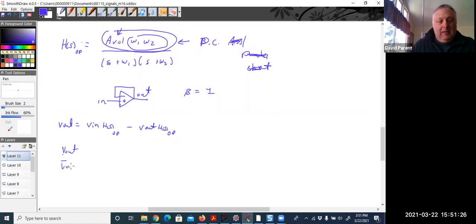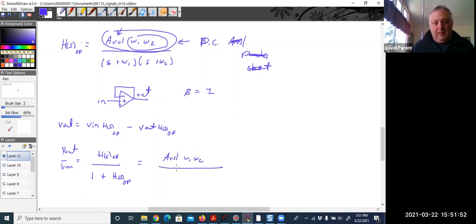So anyway, V out over V in will equal H(s) of the op amp over 1 plus, now there's no beta, or beta equals 1, times H(s) of the op amp. All right.